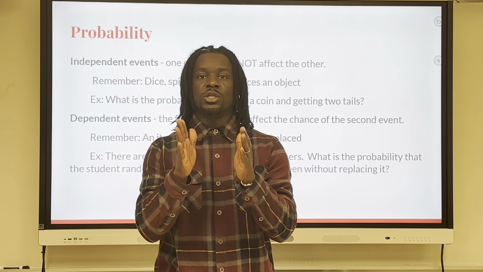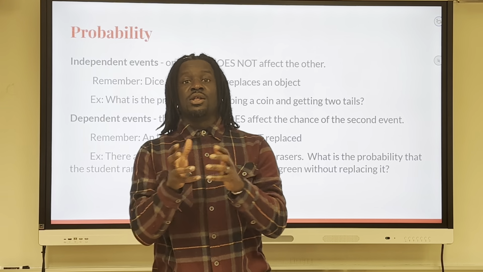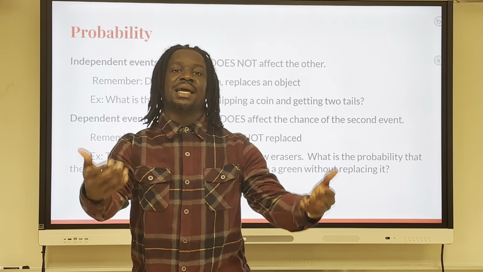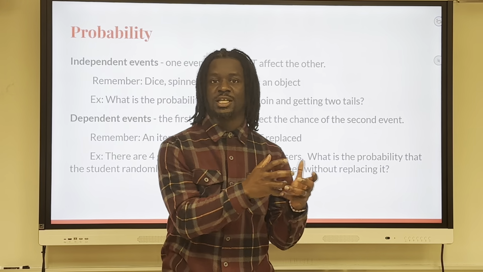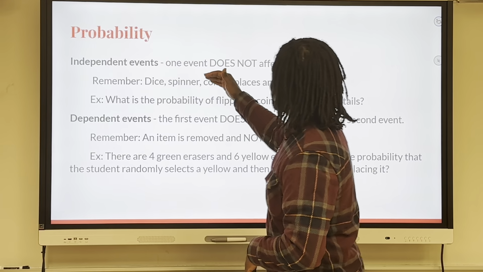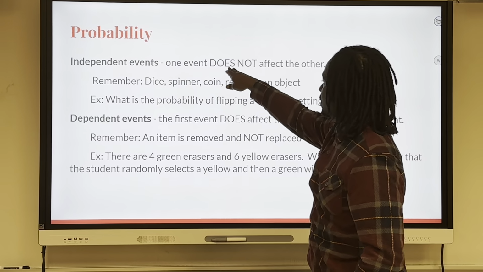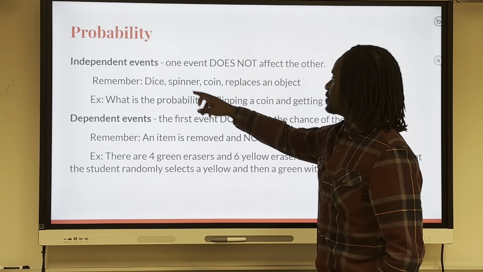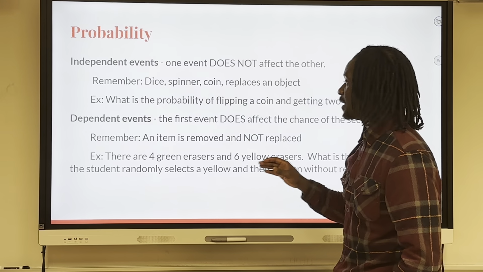The key is that when you do not put it back, it changes the chance that you can get something the second time, so your total will often change. Again, make sure that you write this: for independent events, one event does not affect the other. Dice, spinners, coins, replacing an object, all of those are independent.